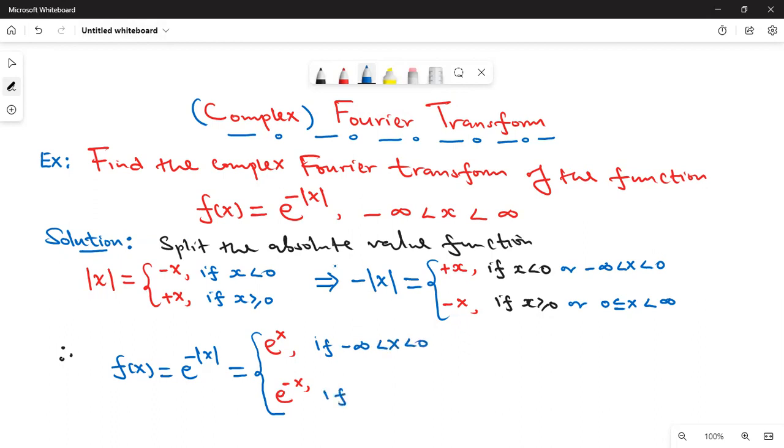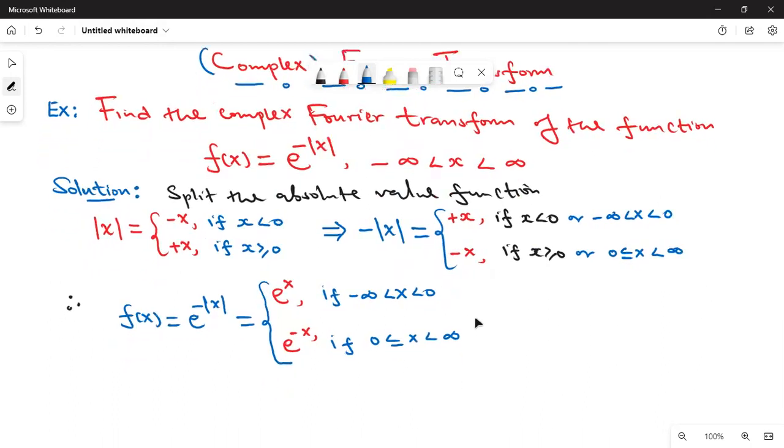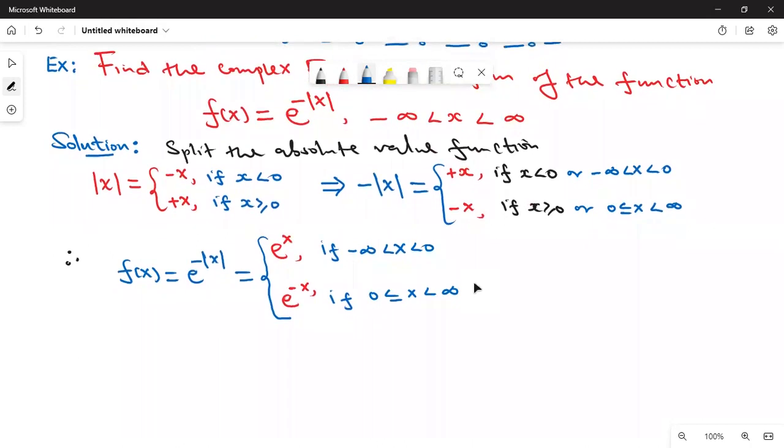This side it is from 0 less than or equal to x less than positive infinity. So you see, this is a piecewise function. We talked about a piecewise function as a function that has several branches, more than one branch.